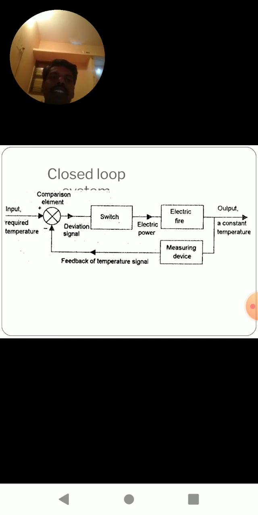So we will now discuss what the closed loop system is, and how the closed loop system functions. Before that, we will discuss the basic elements present in the closed loop system.